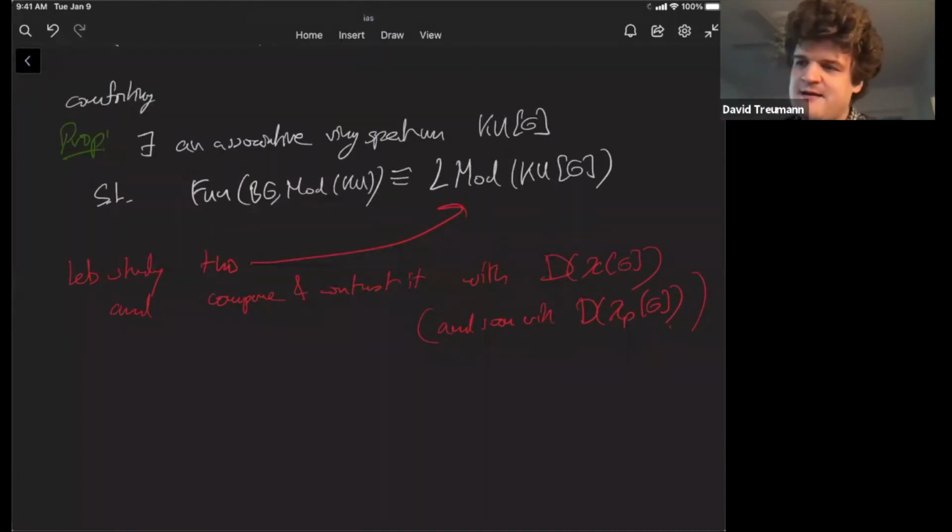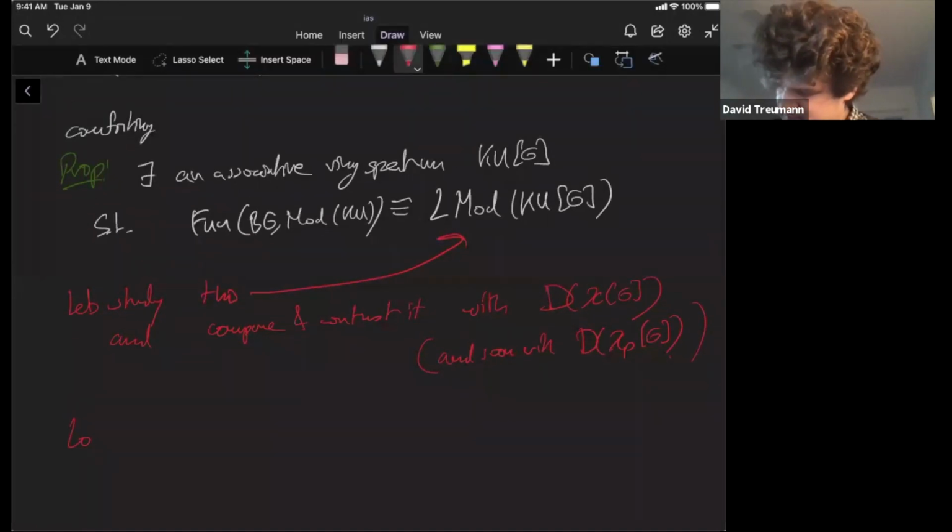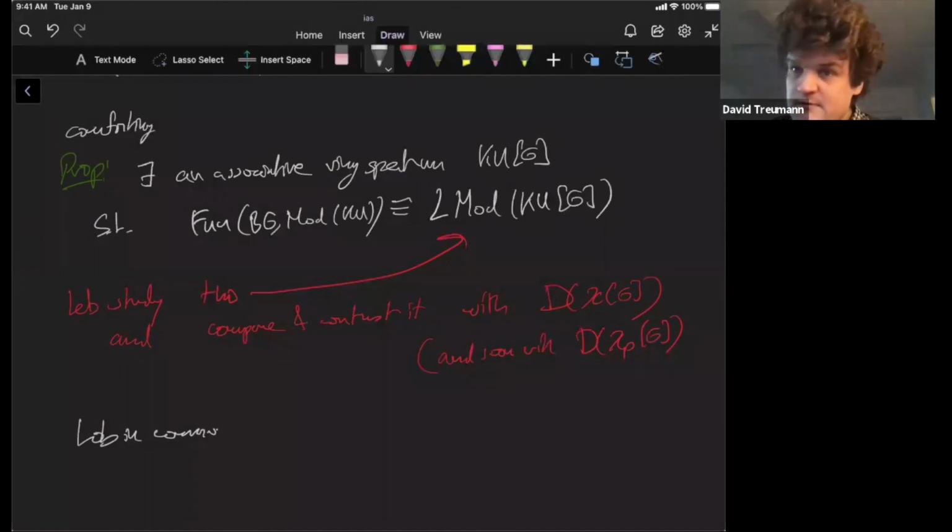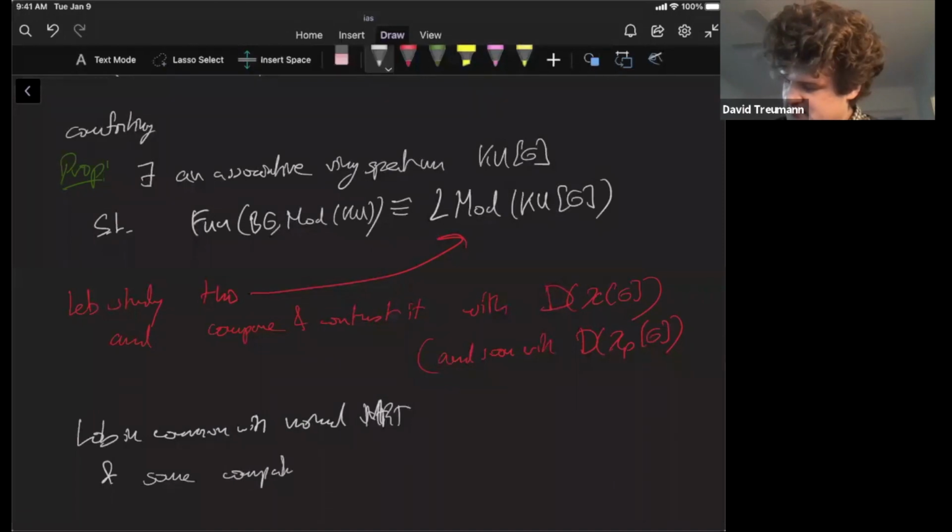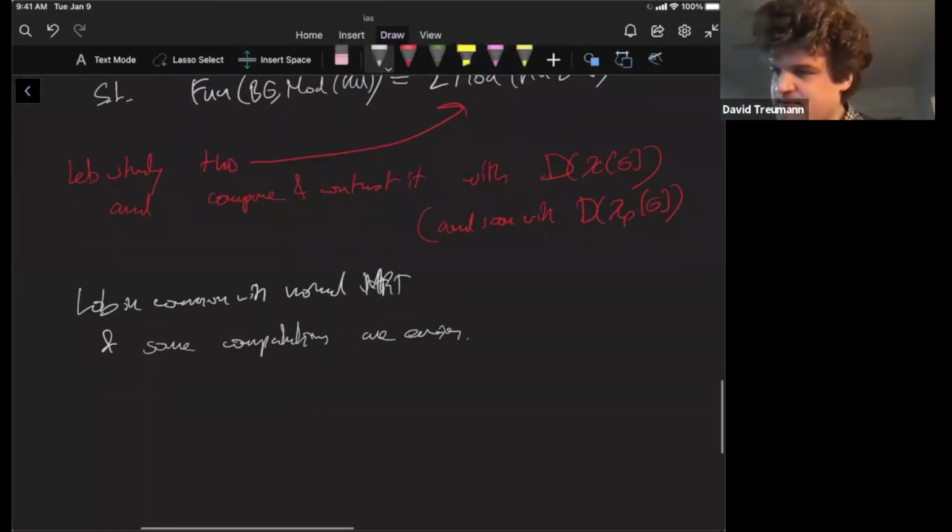And the claim is that the structures that you'll see have lots in common with normal modular representation theory, and that some computations, certainly not all, are easier than in normal modular representation theory.